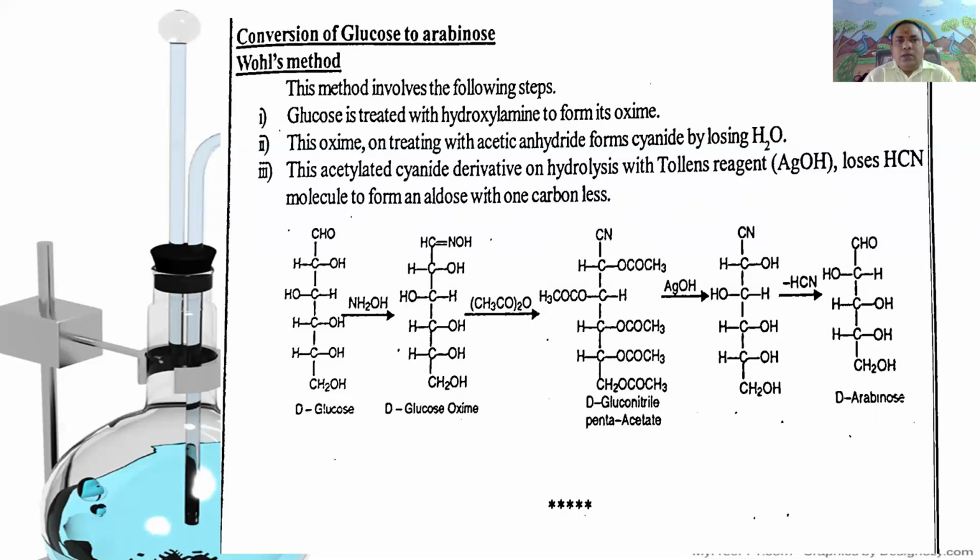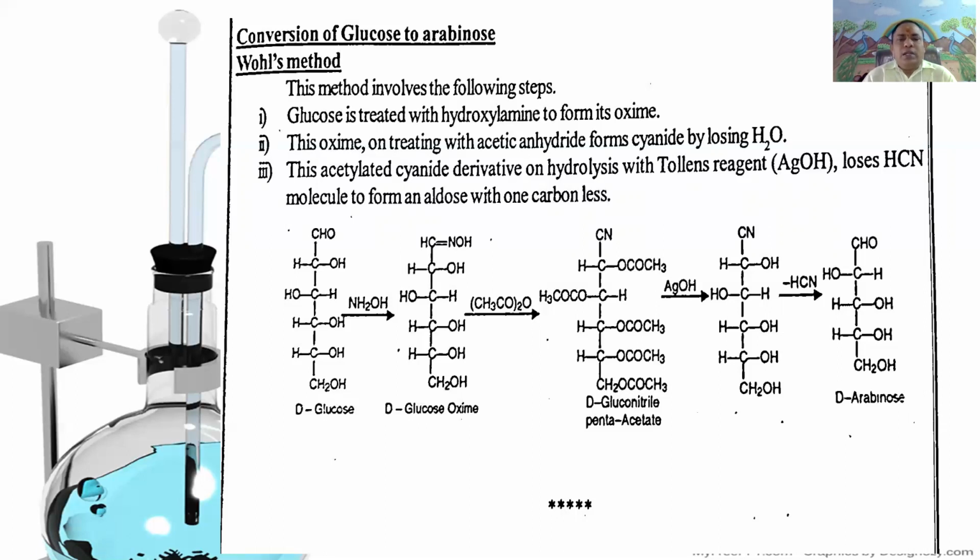Once again, in Cole's method, conversion of D-glucose to D-arabinose takes place by the following four-step reaction. In the first step, glucose upon treatment with hydroxylamine gives the oxime of glucose. In the second step, this oxime upon treatment with acetic anhydride gives the pentaacetyl derivative of D-gluconitrile.